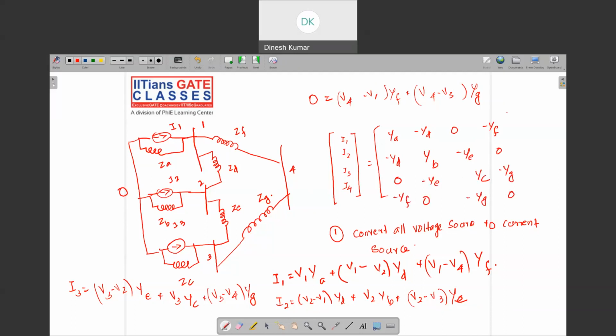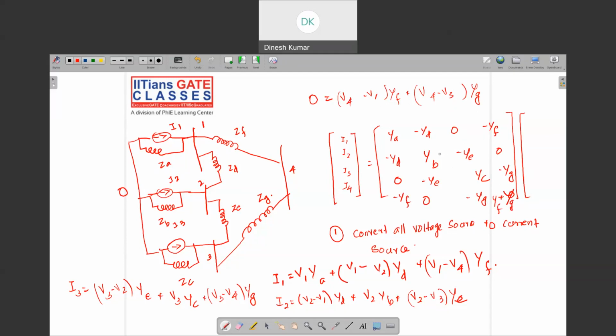This multiplies V1, V2, V3, V4. The YG plus YF term is there, so you have to sum everything, so the sum will actually be 0.